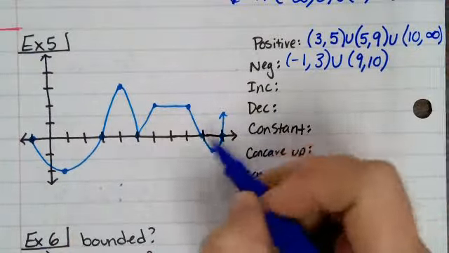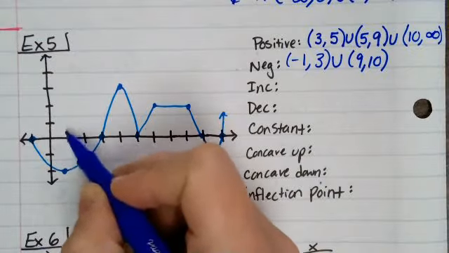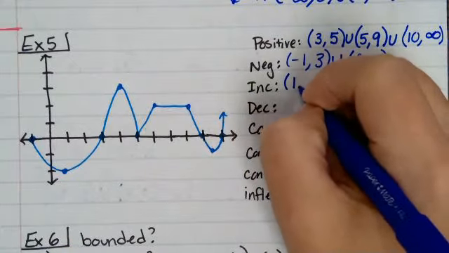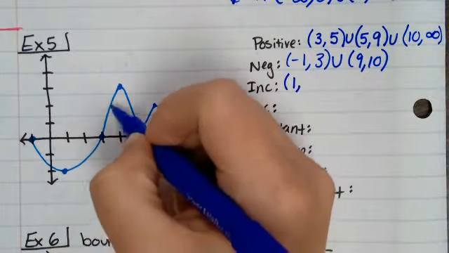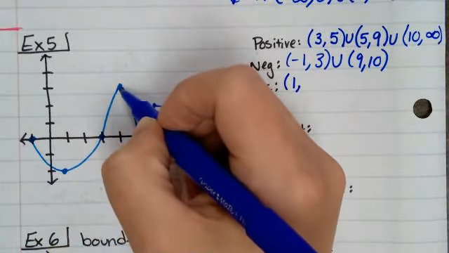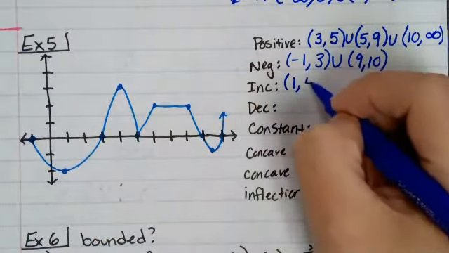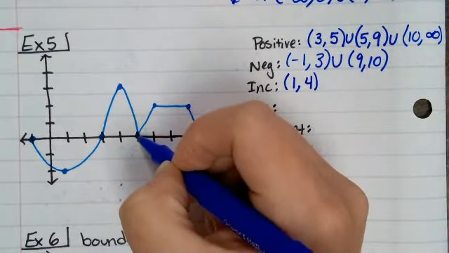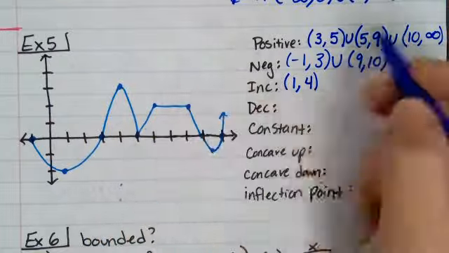So when we're talking about points where it is increasing, it starts increasing right here where your x value is 1. So it is increasing from 1 and it continues to increase. My hand keeps going up, up, up, up, up until I get here where x is 1, 2, 3, 4. Then it decreases, but once my x reaches 1, 2, 3, 4, 5, it starts to increase again.